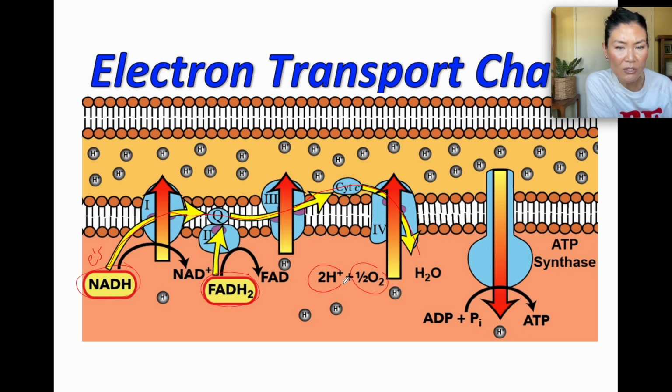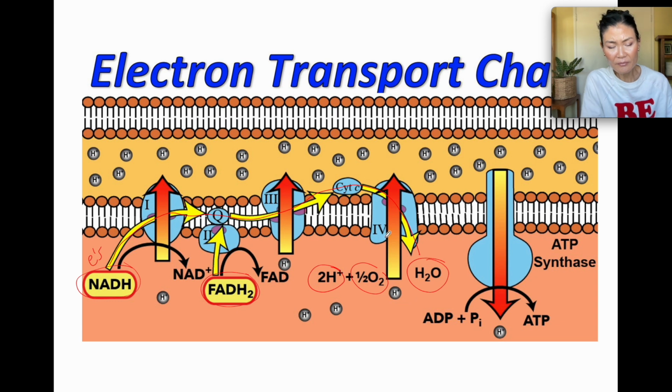Oxygen plus 2 protons, which is H+, and electrons make water. So water is a waste product of cellular respiration. All those electrons that were carried from glycolysis and Krebs cycle are going to end up going to oxygen in the electron transport chain to make water.